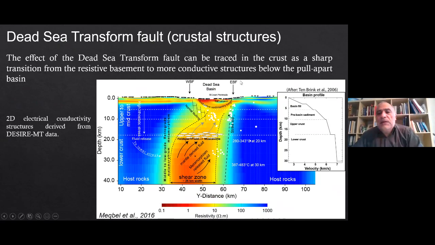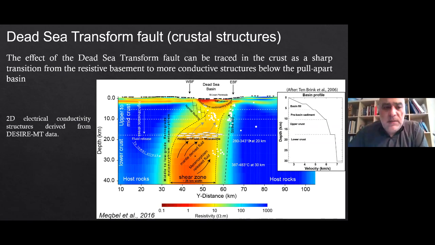So the whole Dead Sea Basin is located in this part here, and the deep structures show the conductive anomalies. Our interpretation is a mantle-derived fluid that is interacting with the rocks in that part here, creating some rocks, muscovites, and the rest of the fluids is penetrating upwards.